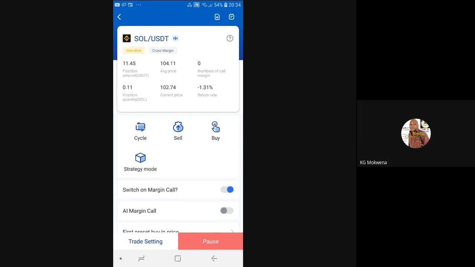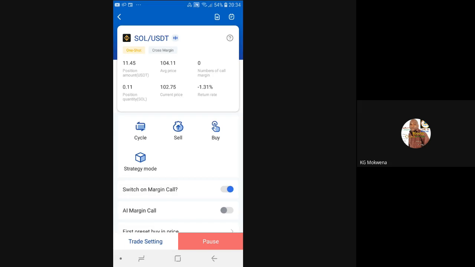Remember, you bought at $104.11. If you buy now, a new price is going to come forth, which may be around $102.76 or so. And then the new price plus the previous average price brought together, divided by 2, will give us a new average price. And that new average price will be lesser than $104.